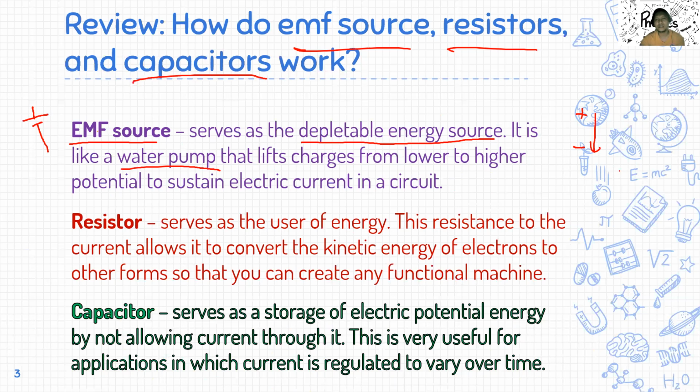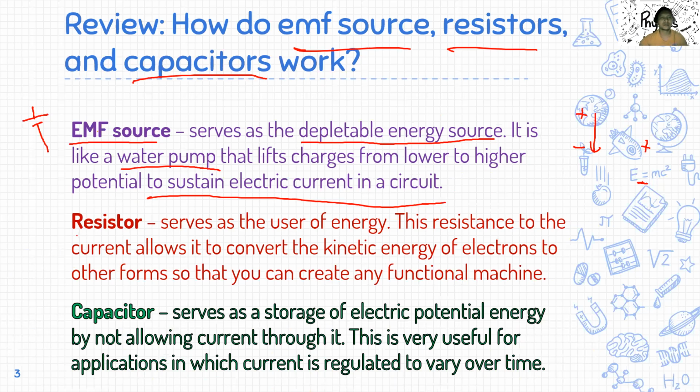So something is working in there so that your charges will flow from minus to plus. It opposes the natural flow, and we are doing that to sustain electric current in a circuit. That is its purpose, and the EMF source eventually runs out.